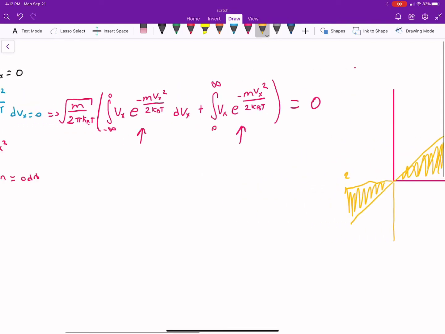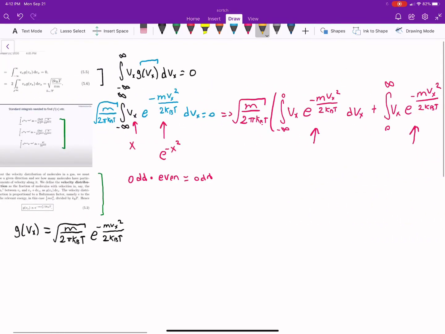So just in general, the integral of negative a to a of an odd function is equal to 0. So that's all there is to that one, is just using our even and odd properties to make this integral. What would be pretty difficult, actually not too bad.